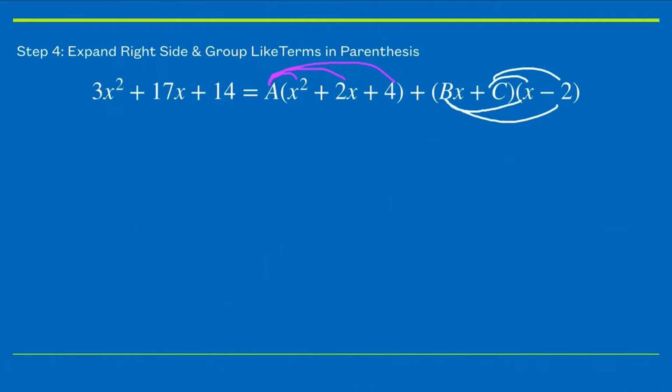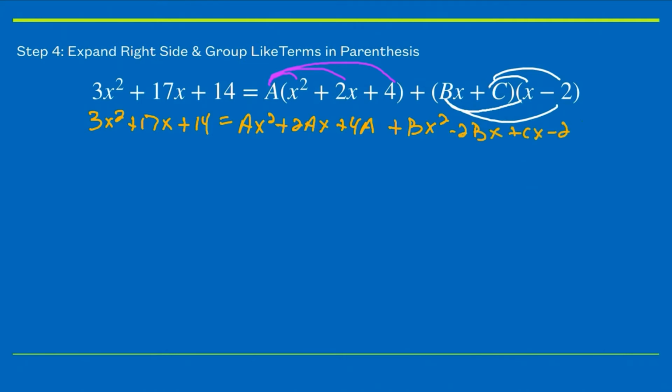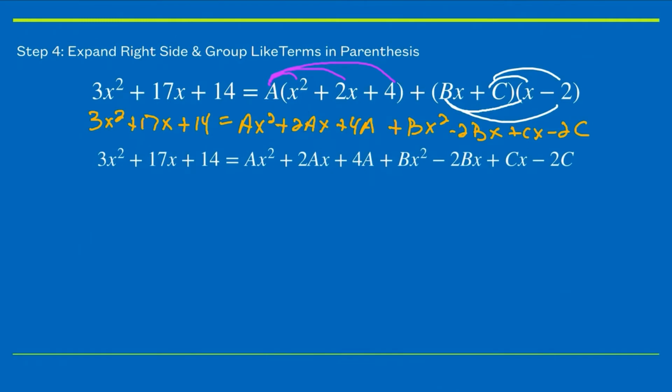So when I distribute the a into the parentheses, after I bring down the 3x squared plus 17x plus 14, we're going to have ax squared plus 2ax plus 4a, and then we're going to take care of the second group, and we'll have bx squared minus 2bx plus cx minus 2c. All right, and you can see that slide in there.